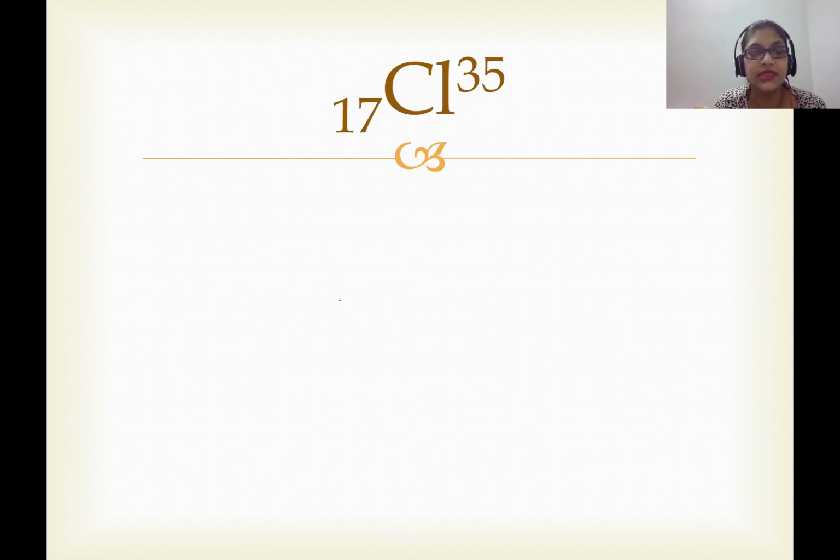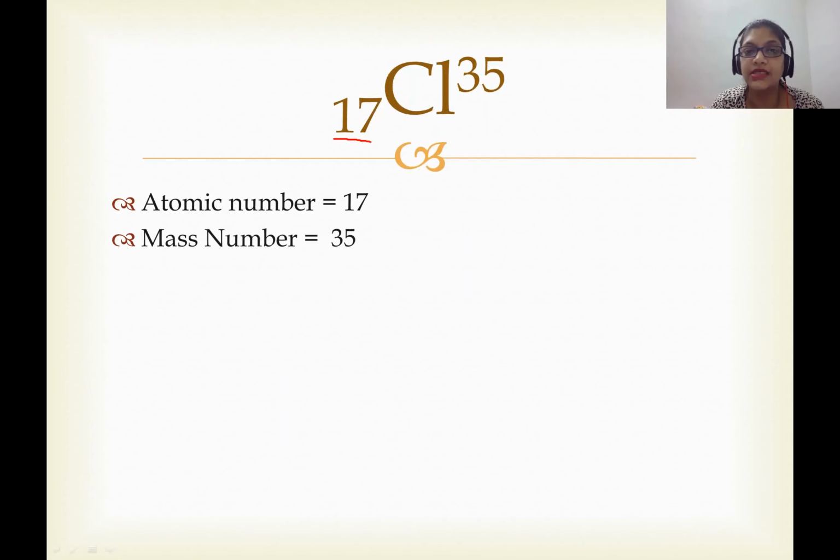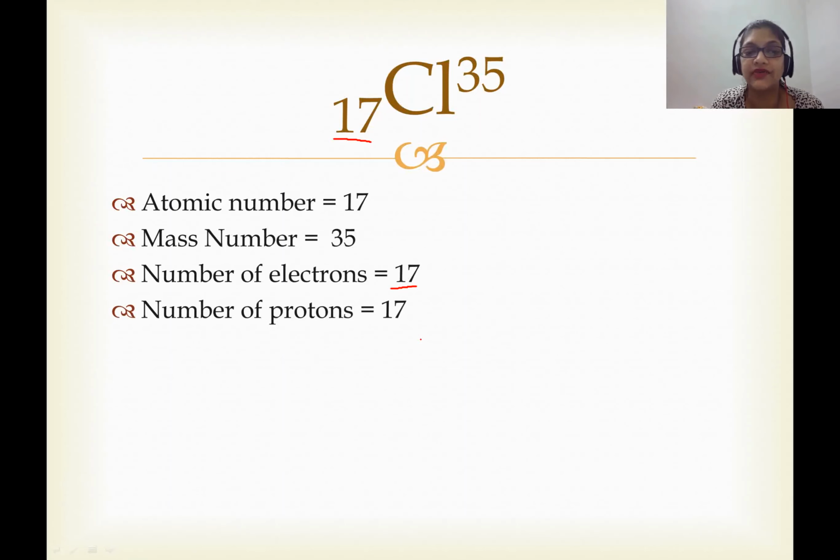By looking at this representation, what features can we state? We can say its atomic number is 17 and its mass number is 35. If the atomic number is 17, the number of protons is also 17, and if the number of protons is 17, the number of electrons is also 17.